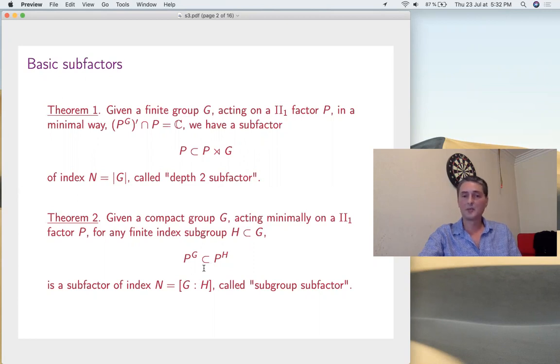Once again, the only assumption is the minimality of the action of G for getting factors. So what we have so far: cross products, with index n an integer that can be anything, and subgroup subfactors, also of index n an integer that can be anything a priori.